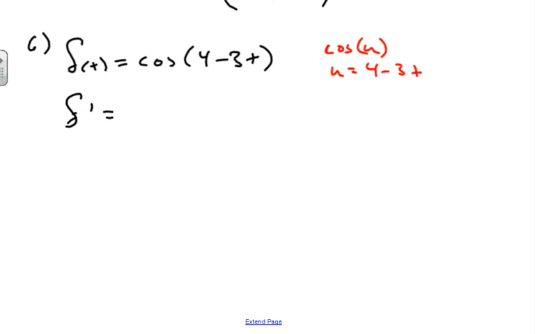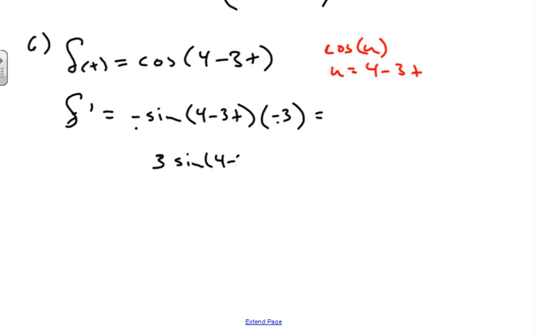So we're going to differentiate this with respect to t. We're going to take the derivative of cosine, which is negative sine of u. U is 4 minus 3t. Make sure you plug that in there. Times now the derivative of u here, which is going to give us negative 3. So we could rewrite this as negative makes it positive, so 3 sine of 4 minus 3t.